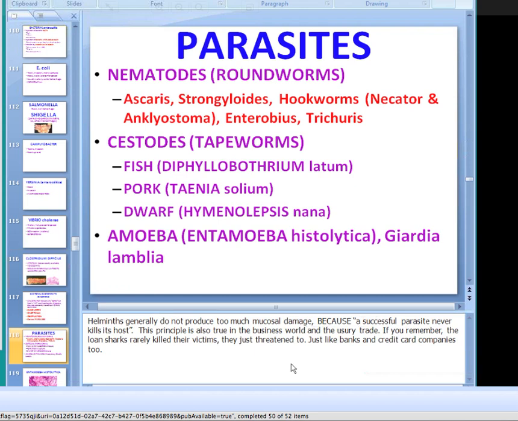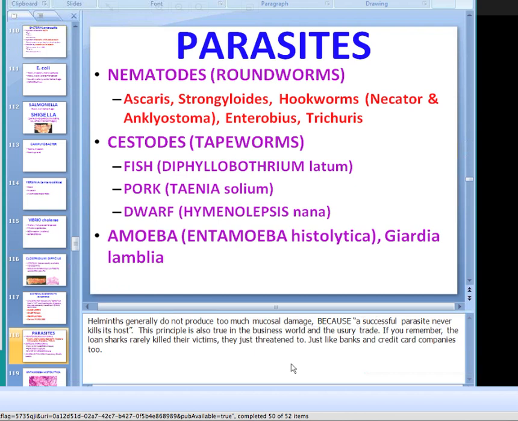The reason is the number one principle about parasites, both in reality as well as the kind of parasites that try to contact you on the internet: the successful parasite does not kill its host. If these worms were causing a lot of morbidity and mortality, they would also be killing themselves, wouldn't they? So the smart ones generally keep a low profile and just suck those nutrients.